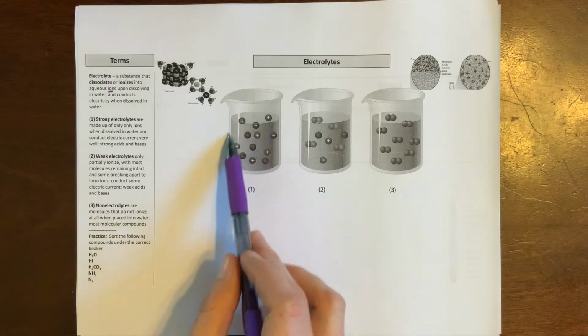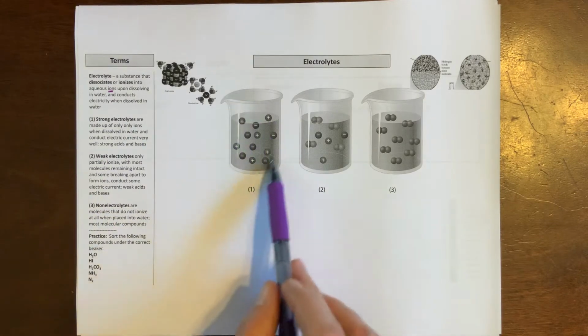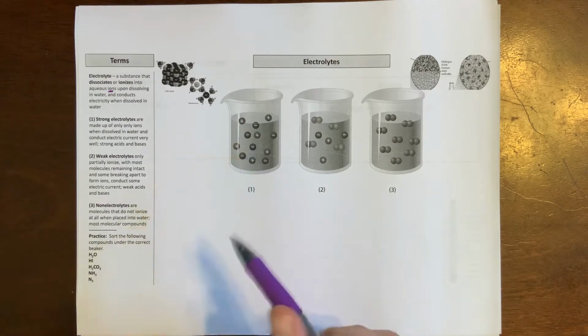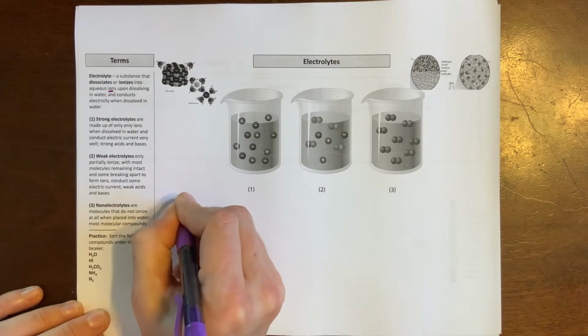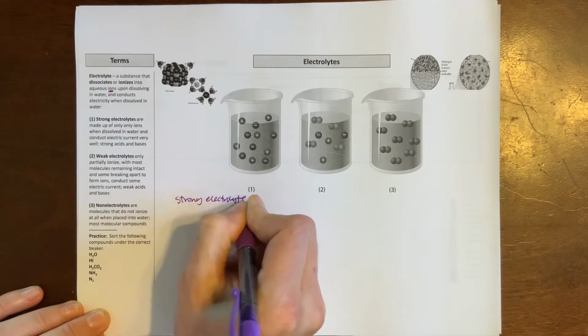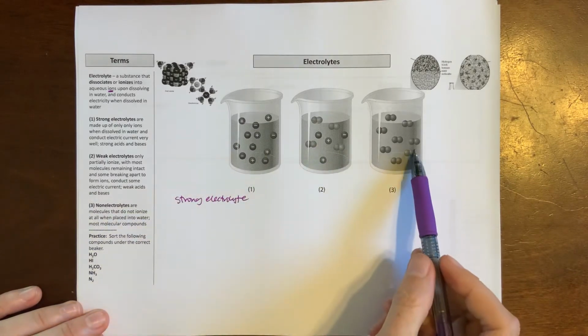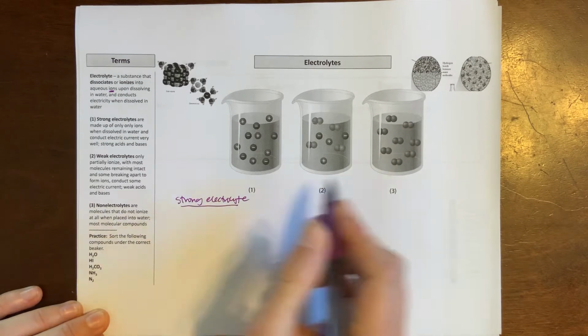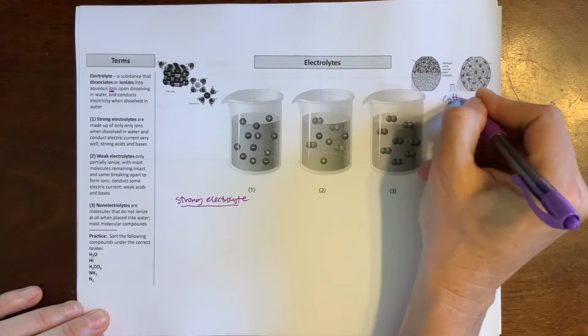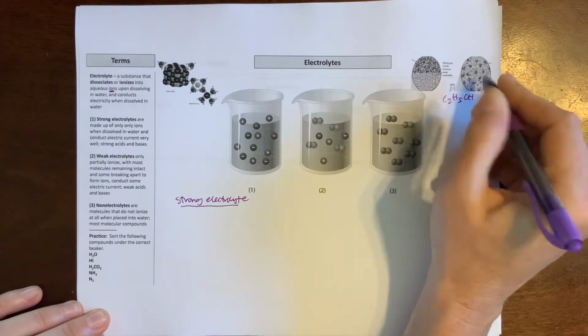So this is an electrolyte here at a particle level, lots of ions that are free and can move around and conduct electricity. So over here, number 1 is what we call a strong electrolyte. The other extreme from that would be number 3 over here, where in beaker 3 you can see that there's no ions. And this is a compound that we saw before, which was ethanol.